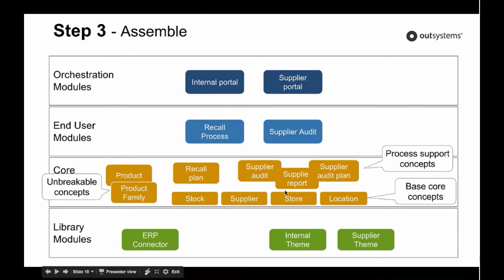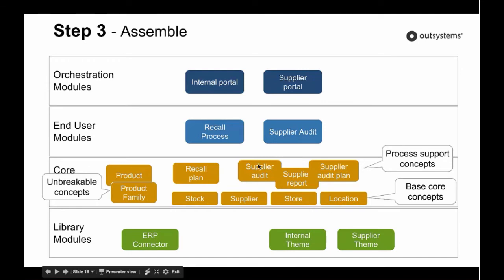In this example, these are base concepts in the sense that they will be useful strategically. We also need to identify if the concepts are in the core of this company, in the sense that, okay, this company deals with stock, so there will be other applications that will deal with stock. So I'm already saying that I need to keep these basic concepts as the base for other stuff.